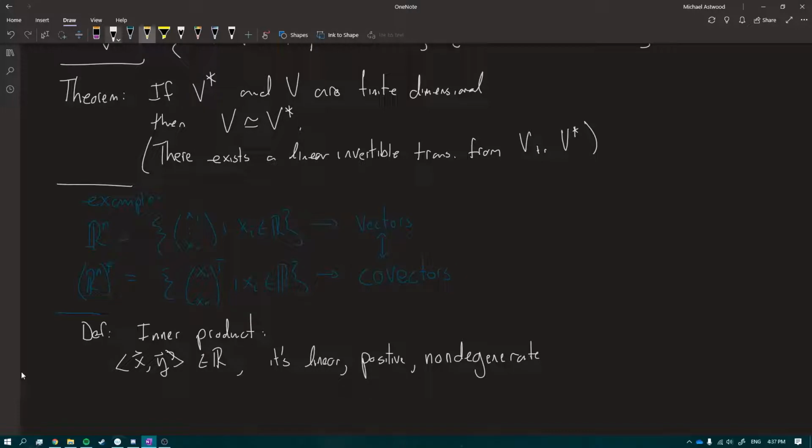Non-degenerate meaning that x dot x is 0 if and only if x is the 0 vector.